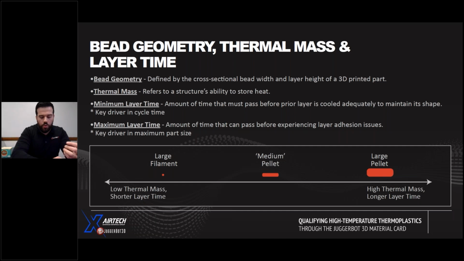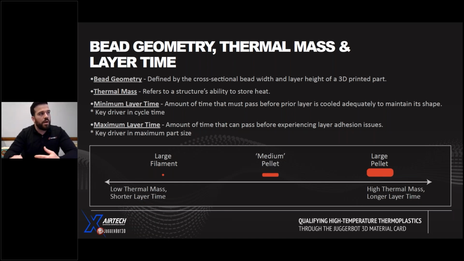Now, it's important to note that there's a balancing act here too. Your minimum layer time is typically a driver for how fast you can print a part, whereas your maximum layer time is more often than not going to be the true deciding factor on how large of a part you can make, not necessarily your build volume.